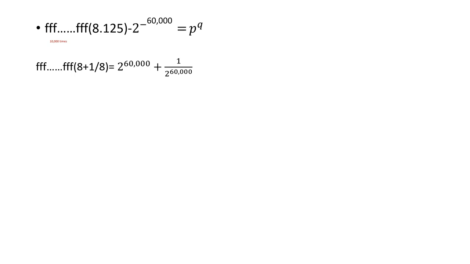If I substitute this into the first equation, minus 2 to the minus 60,000 will be cancelled out by 1 over 2 to the 60,000, because really it's the same thing. And to make the story short, this original equation will turn out to be 2 to the 60,000.